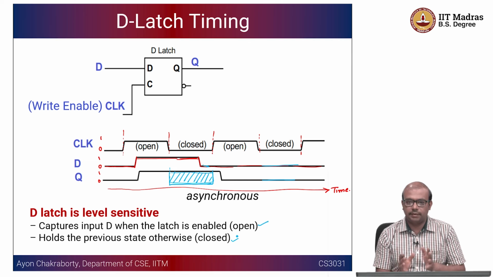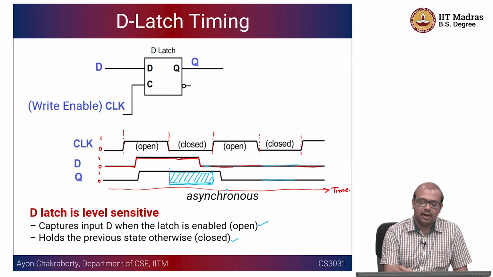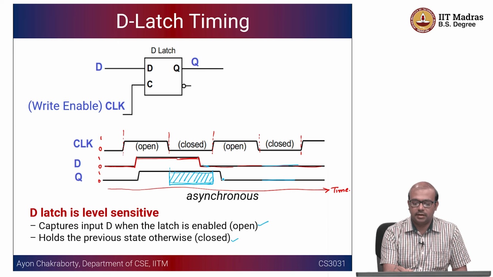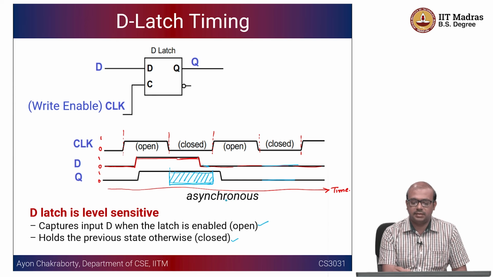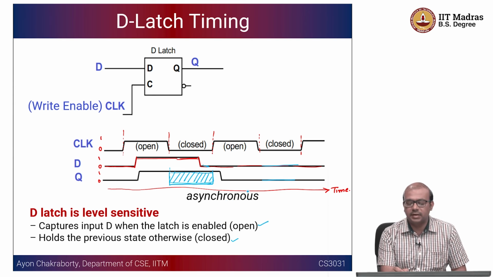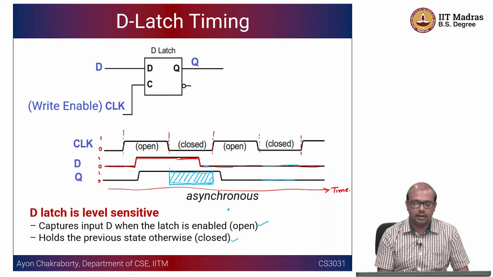The closed interval and the open interval could slightly change, right? And depending on that, the values of Q are going to change. So this could give rise to some asynchronous behavior in the circuit, which in some cases is very difficult to handle or debug.